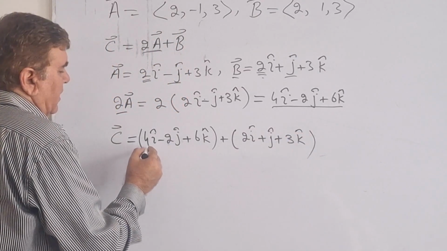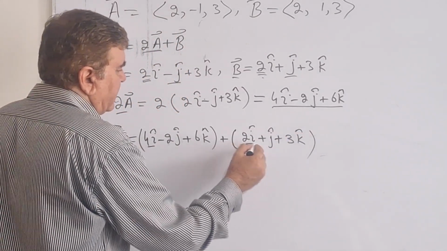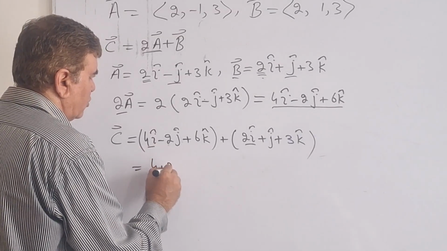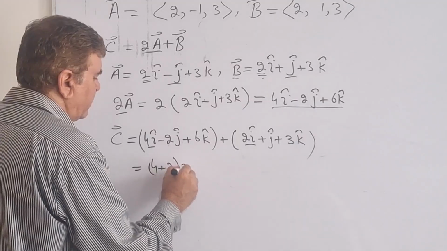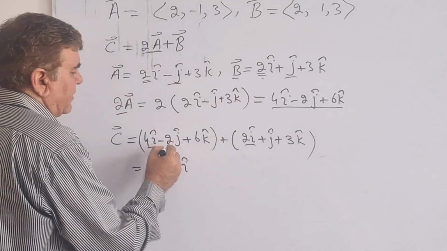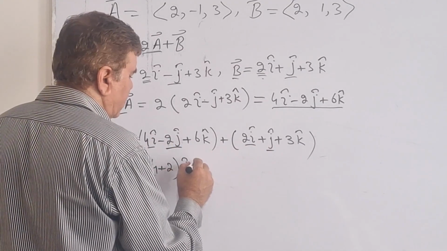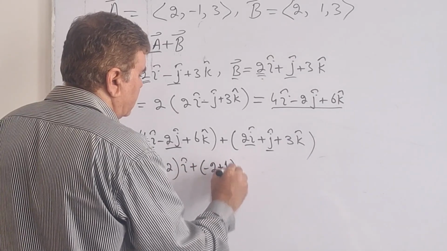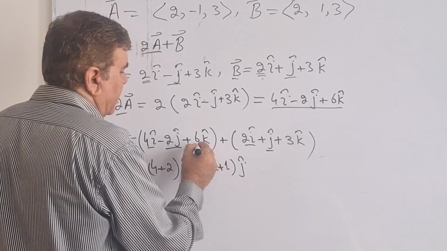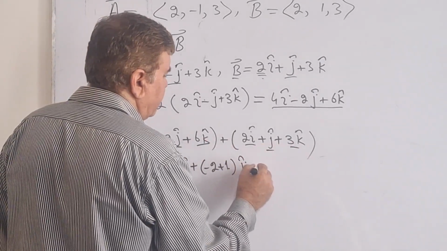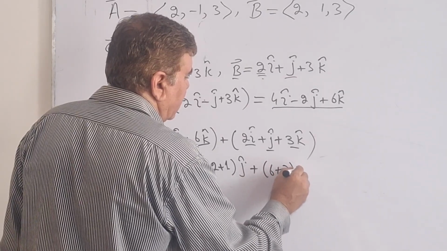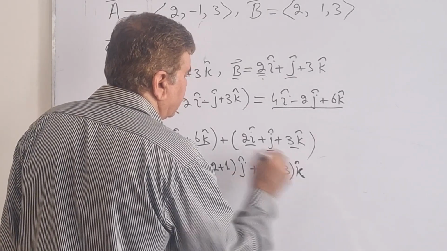Now you see I can combine this term with this term to write 4 plus 2, taking the unit vector i common, I can combine this term with this term to write minus 2 plus 1 into j, and I combine this term with this term to write 6 plus 3 into unit vector k.